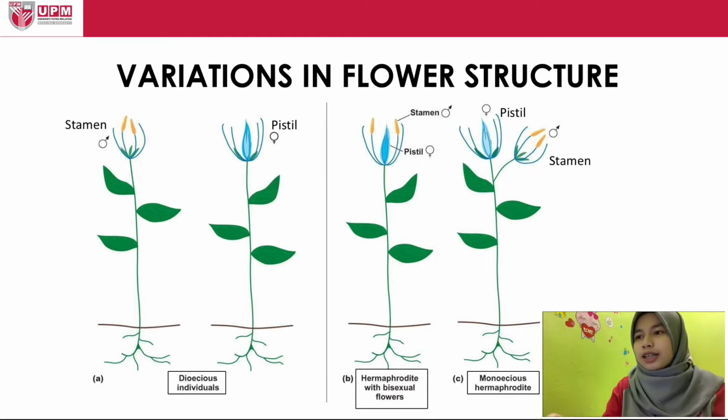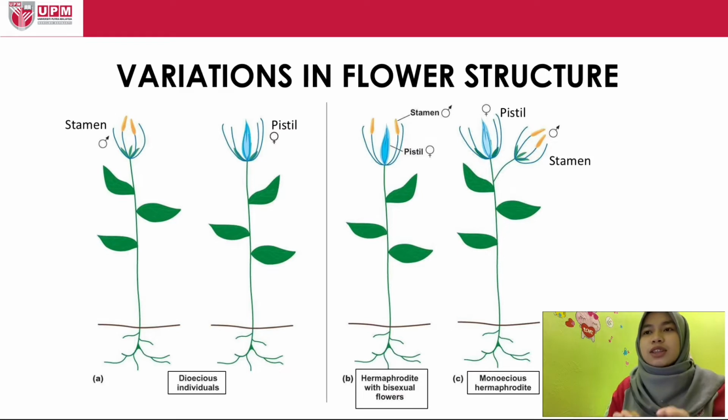The next ones, B and C, are both monoecious, but the difference is that B has a hermaphrodite, bisexual flower, which is perfect because it contains both male and female portions in one flower, while C is monoecious too, but it contains two different types of flowers, one with the female portion and another with the male portion, but both in one plant.